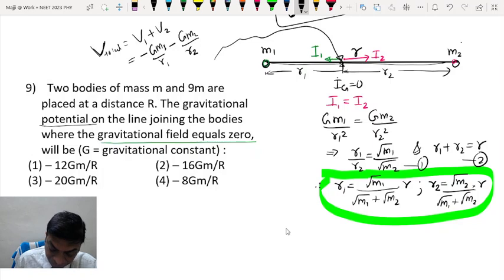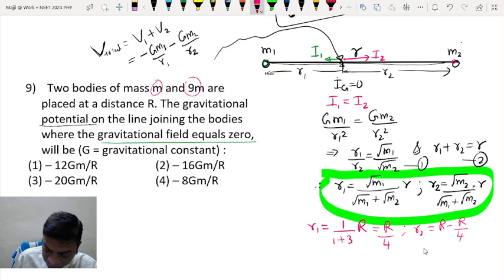So here, let us calculate r1 and r2. r1 will be how much in this situation? M and 9m. So you have 1 upon 1 plus 3 into r, that is r by 4, and r2 will be r minus r by 4, that is 3r by 4.